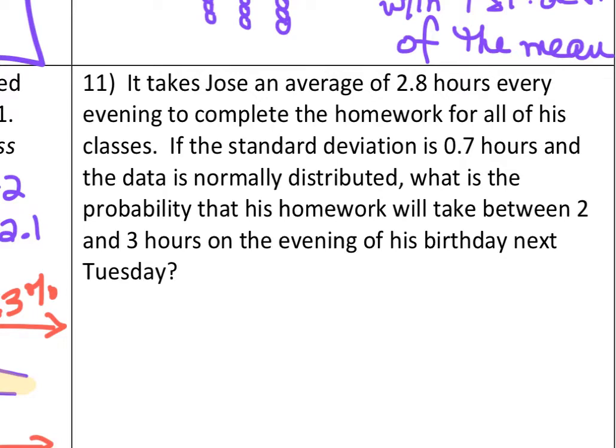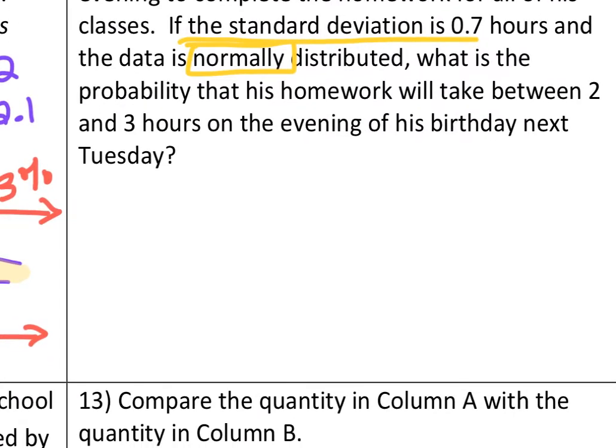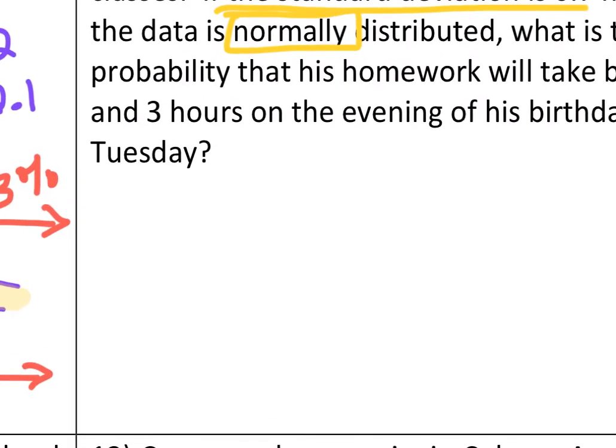So this problem uses the word average, but that's the same as the mean. And it tells you that the standard deviation is 0.7 and that it's a normal distribution. And so I would make those notes to myself that the mean is 2.8 and that the standard deviation is 0.7.